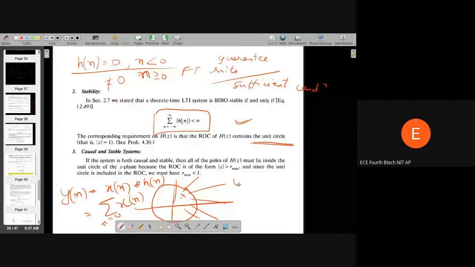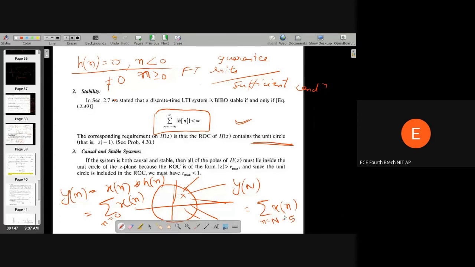For example, if you want to find your output at an index n, it will be from n minus 5, let's say, to n. It may not even include your current value, but it will never depend on future values.